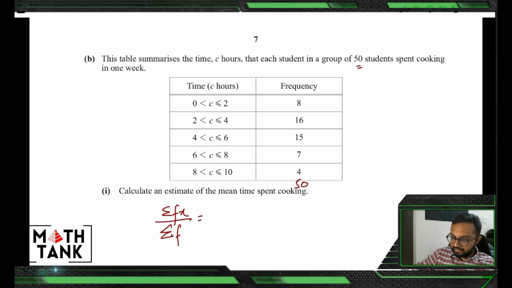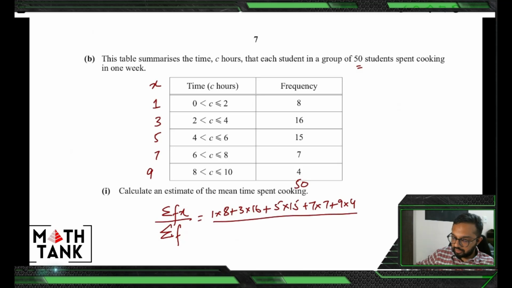Okay, for x I need the midpoint of these classes. So 0 and 2 will have a midpoint of 1, 2 and 4 will have a midpoint of 3, 4 and 6 will have a midpoint of 5, 6 and 8 will be 7, and 8 and 10 will be 9. So I'm going to say that this is 1 times 8 plus 3 times 16 plus 5 times 15 plus 7 times 7 plus 9 times 4, divided by 50.